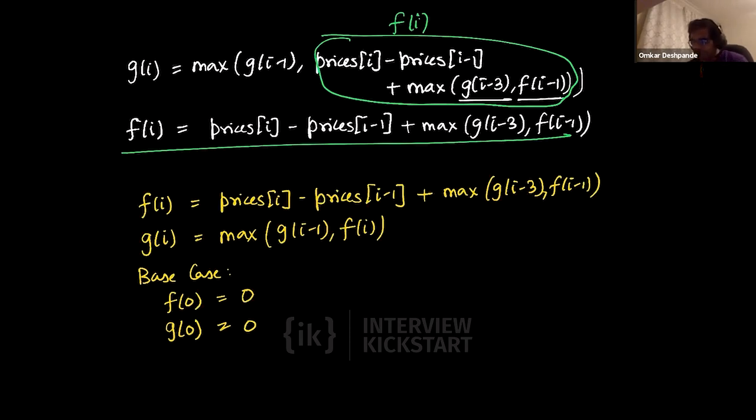Right, so let's go with the latter approach. If I minus 3 is less than 0, ignore g of I minus 3. Because there is no global history prior that we need to worry about.